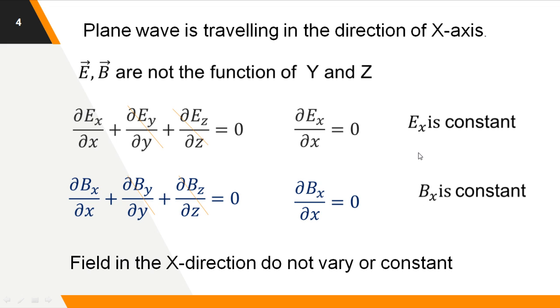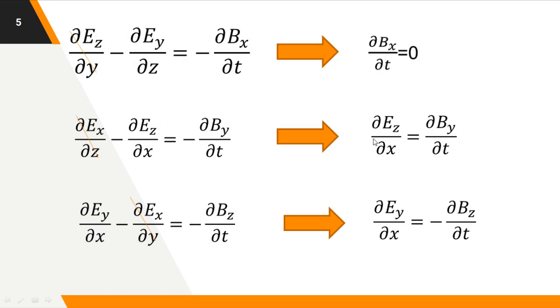So this can be confirmed again by this particular equation. Same as before, if the wave is traveling along the x-axis, the components of the electric field are not functions of y and z. Therefore, this first term and this term are going to be 0: ∂/∂y of Ez and ∂/∂z of Ey are 0.